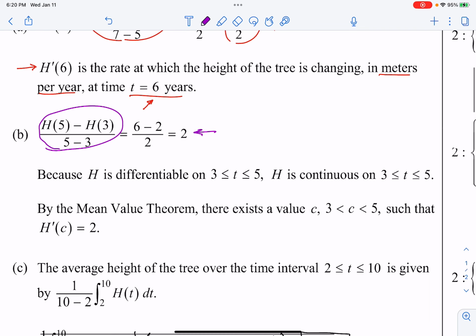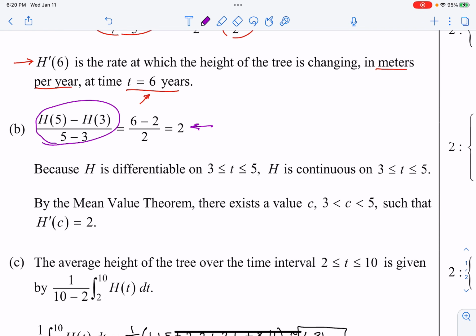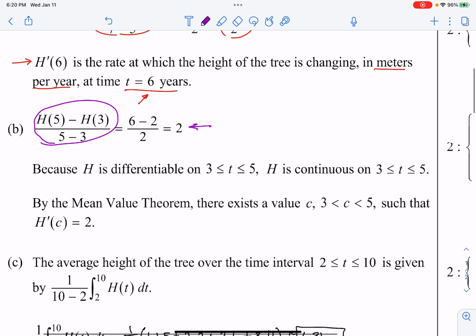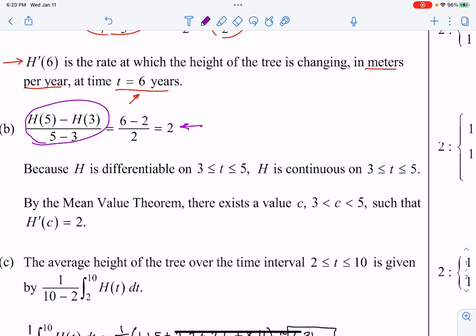Right, and here's how they explain it. Because h is differentiable from 3 to 5, h is continuous on 3 to 5. By the mean value theorem, there exists a value c in between these two, we did say that, such that h prime of c equals 2.